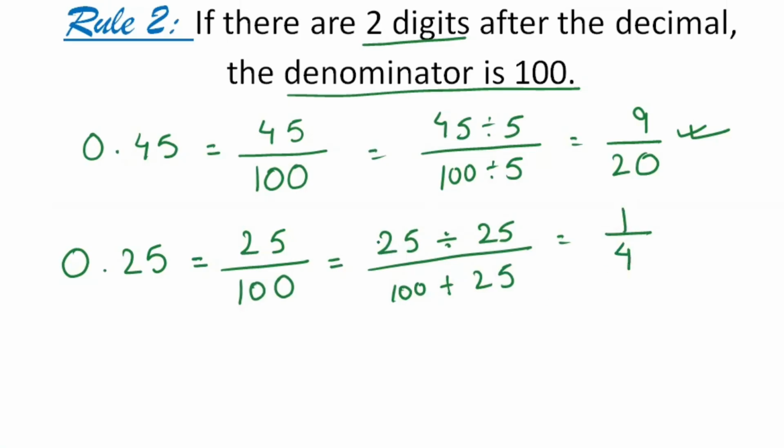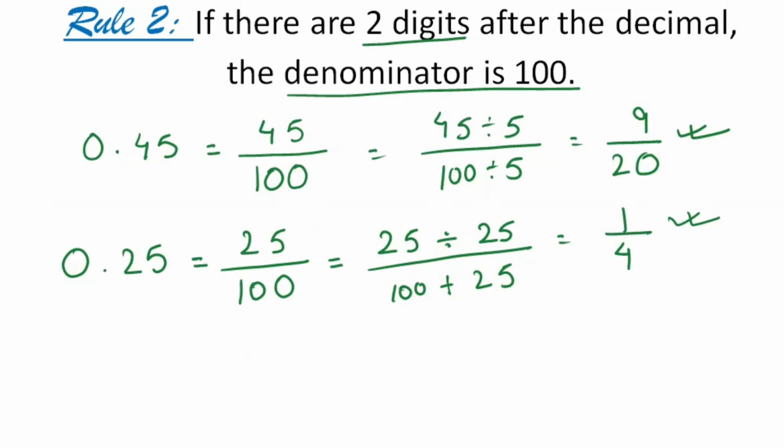If you are not sure with a big number like 25, you can start with a smaller number, like 5. 5 times 5 is 25. 5 times 20 is 100. Then again you can do 5 times 1, then 5 times 4. Then you will get 1 over 4. So you understand rule number 2 as well. If there are 2 digits after the decimal, the denominator will be 100.